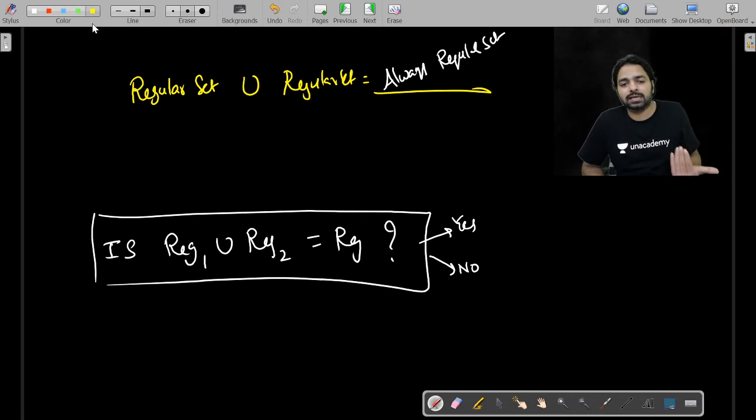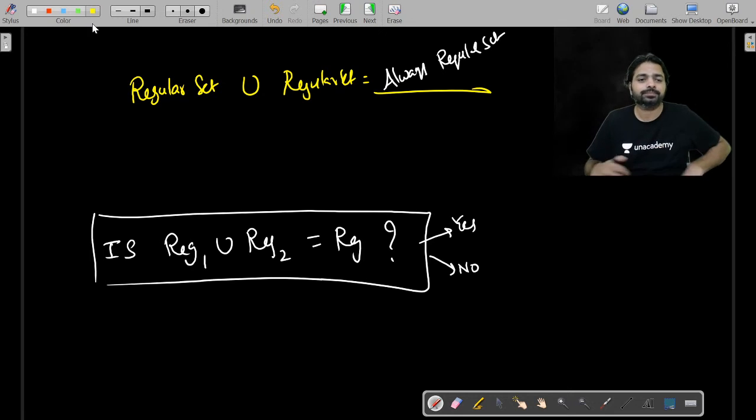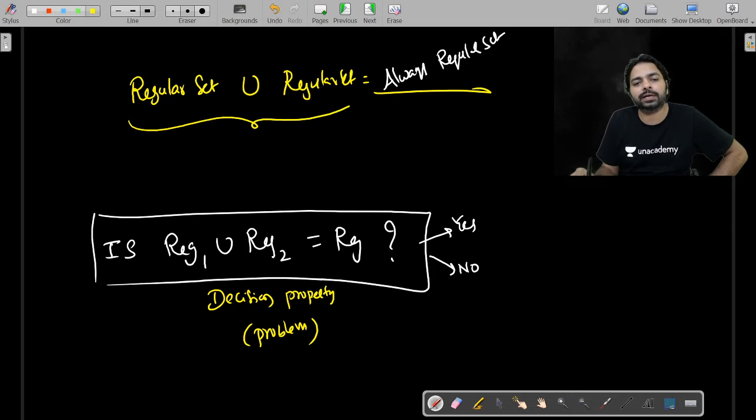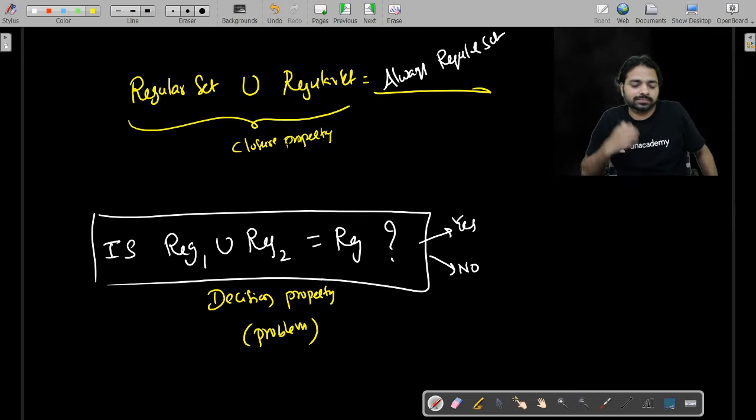That depends on the example. So understand the point. This is a decision property, you can say a problem. Here we are talking about closure property, because we are looking at whether it is always regular or not.